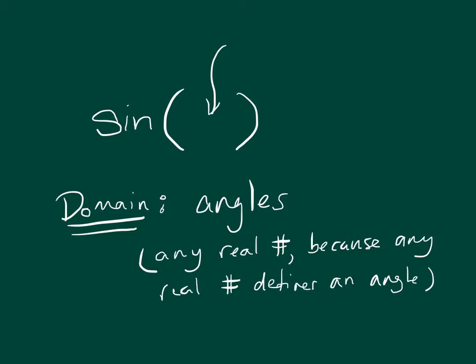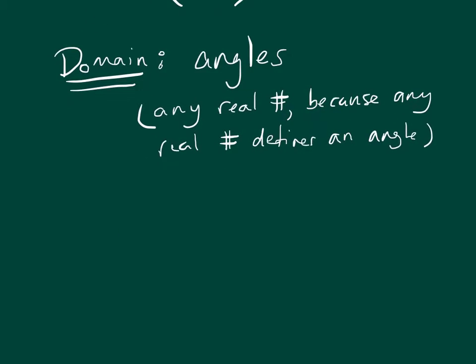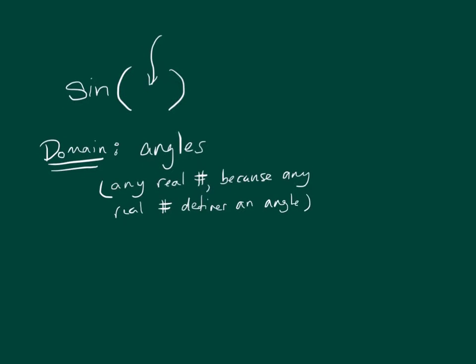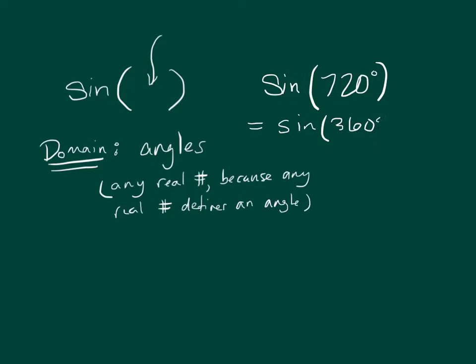But if I say, what is sine of 720 degrees, I know, because I'm using the convention of angles, that whatever the answer is, it ought to be the same as sine of 360, which ought to be the same as sine of 0. Even if I don't know what the answer is, I know that these all have to be the same because these real numbers that I'm putting into the sine function, I'm thinking about as angles. That's a bit easier to see.